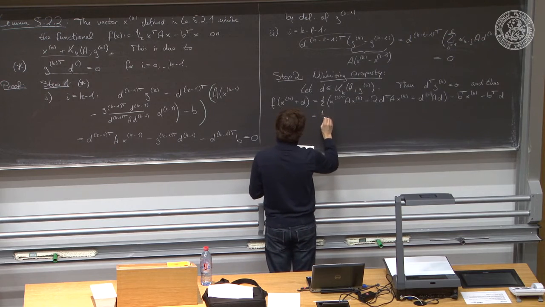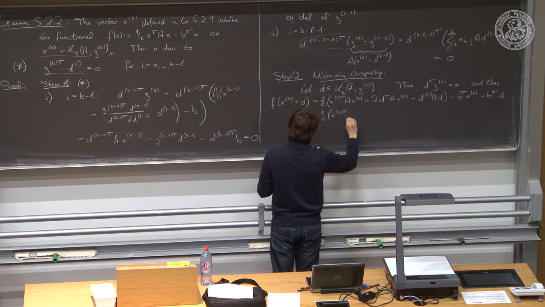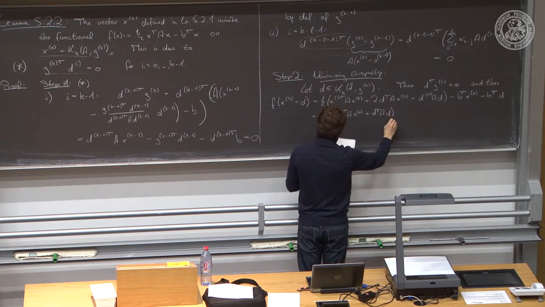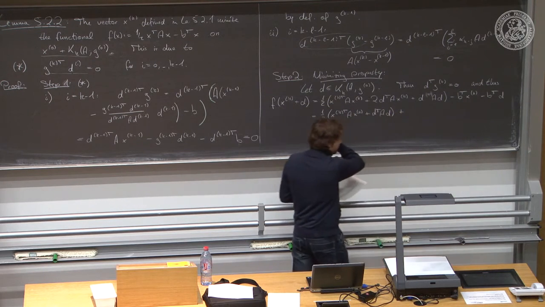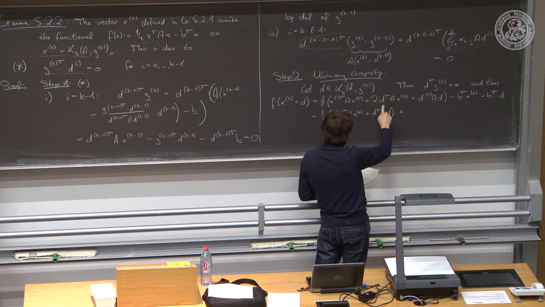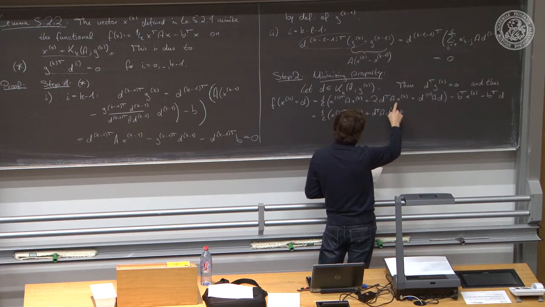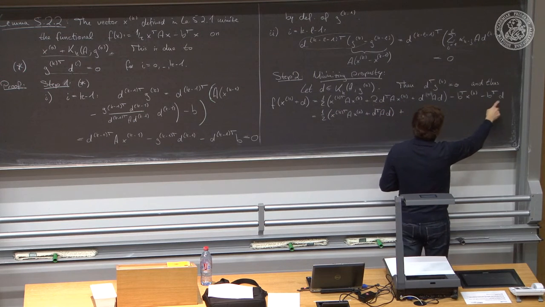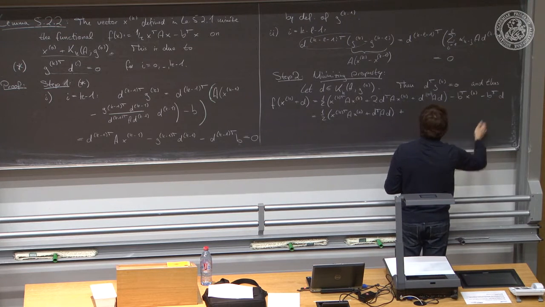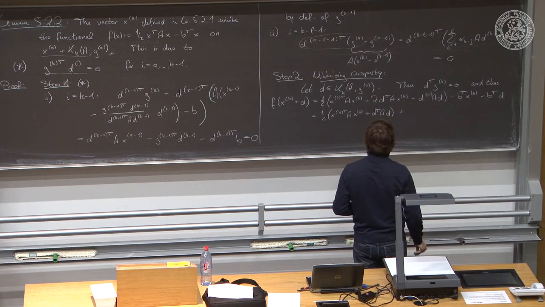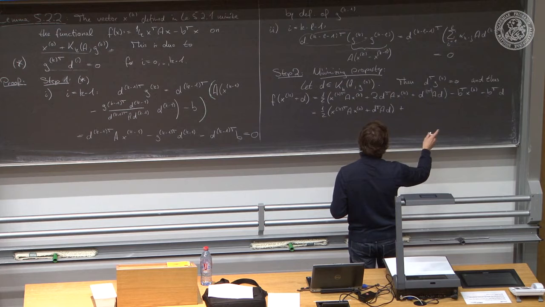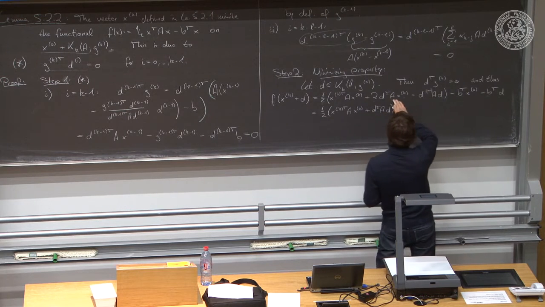Here the 2 and the 1/2 cancel out, so this leaves d transpose A x_k minus d transpose b. Since the standard scalar product is symmetric, we can change b and d, and here we have A x_k minus b.